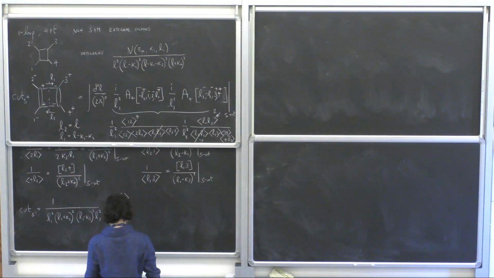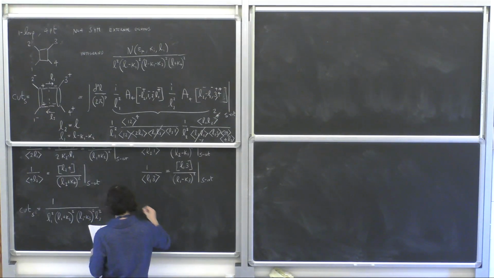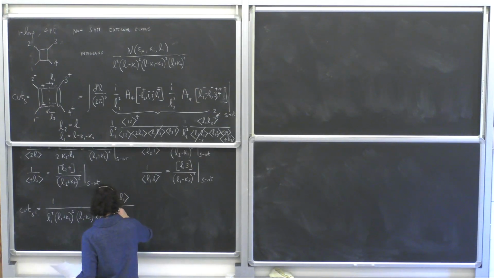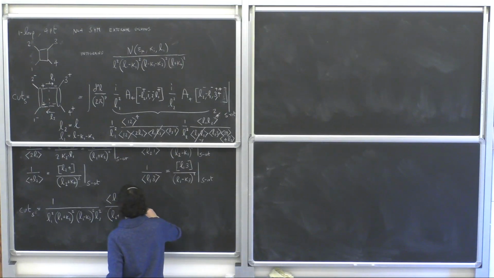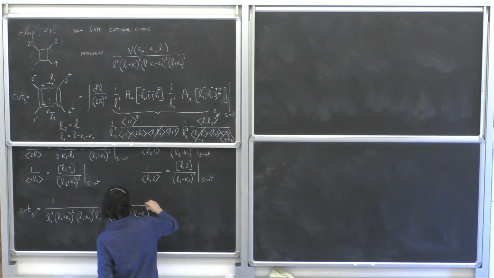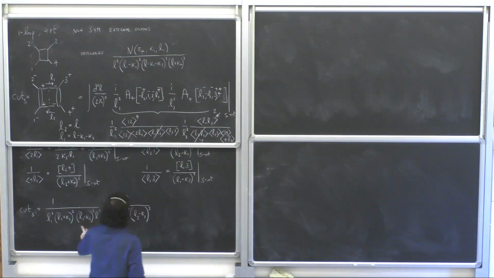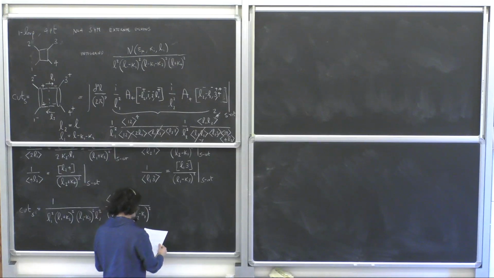I have here L2 plus K4 squared and L2 minus K1 squared. Sorry, L1 minus K3, I already used it, so L2 minus K1 squared. So I've used all the numerators which I've obtained over there.